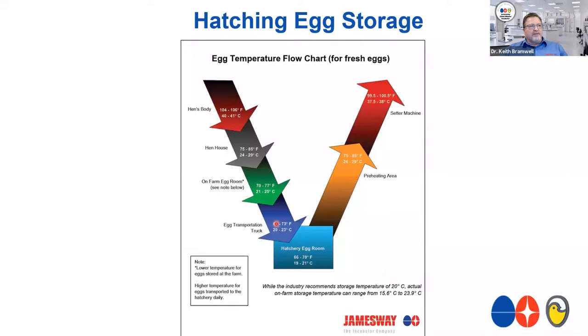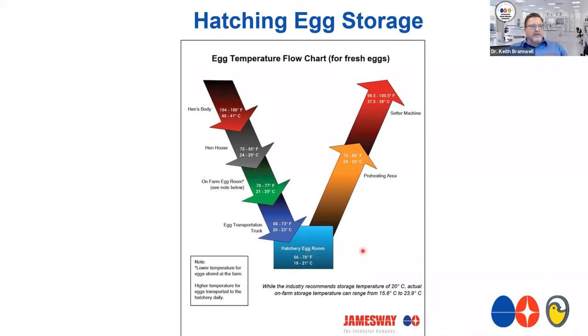We want those temperatures to slowly be decreasing, one direction of change, and then once we start warming them up, moving them into the incubator. This is for short-term storage, not talking about spides or long-term storage. This gives us the best results in our chicks, our embryos, and our hatchability, because we have less stress on those embryos from temperatures increasing and decreasing.